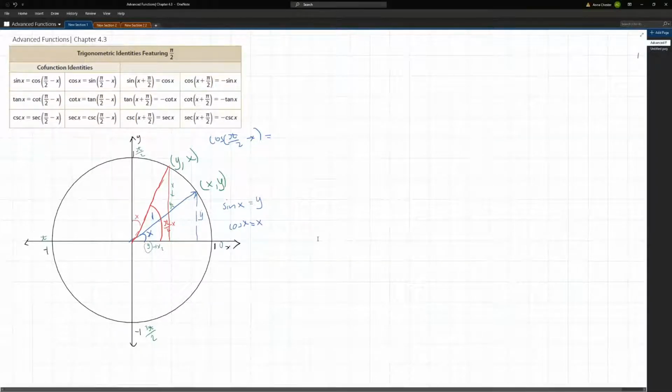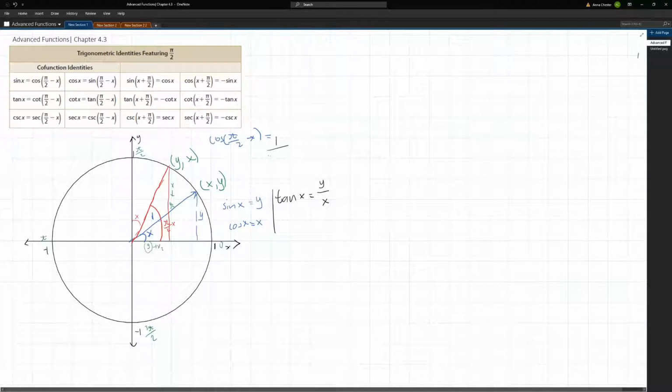Okay, now let's look at tan. So tan is actually rather easy. Tan, as we should already know, is just equal to opposite over adjacent, which is y over x in our case, right? So what it's telling us here is that for the angle pi over 2 minus x, cotangent should have the same value. Cotangent, as we know, is the inverse of the tangent function.